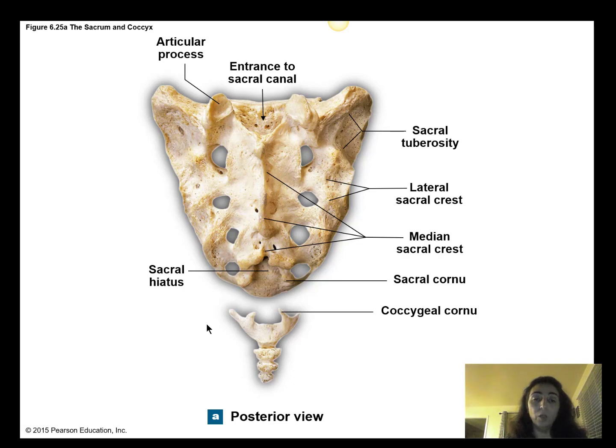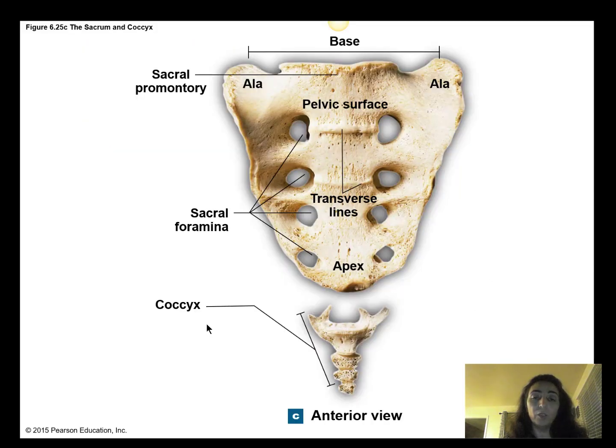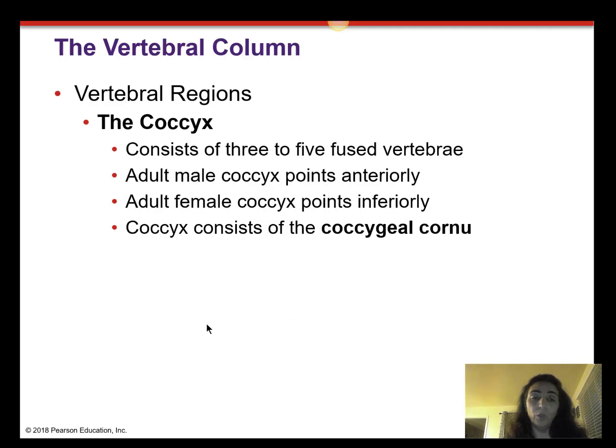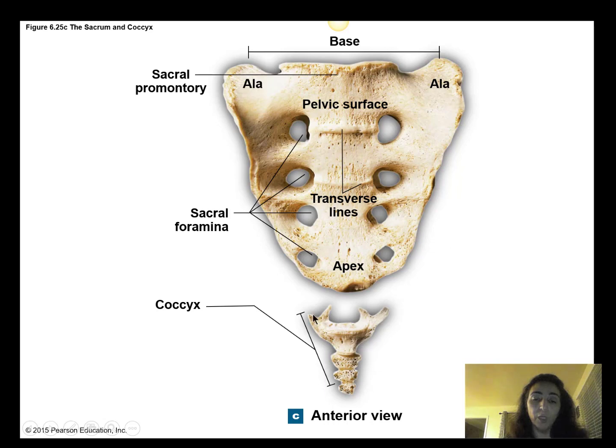And these are all the things that we just discussed about the sacrum, and I'll show all of them to you. And pay attention that the coccyx has a part that we call coccygeal cornu, that if we go back to this picture, we see them here.